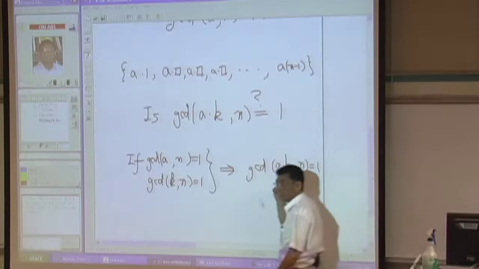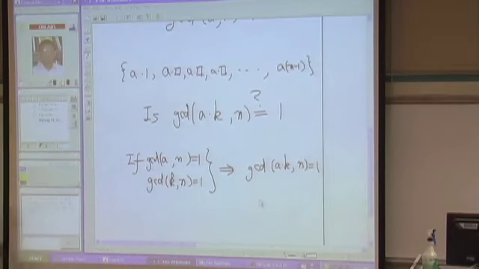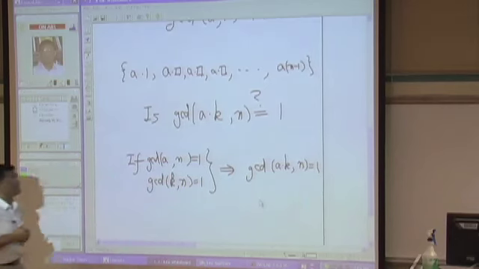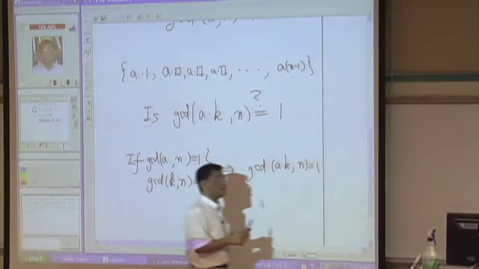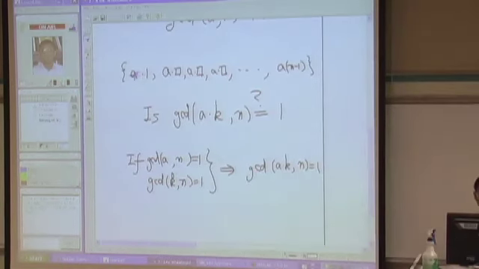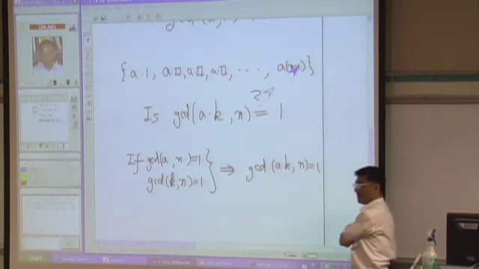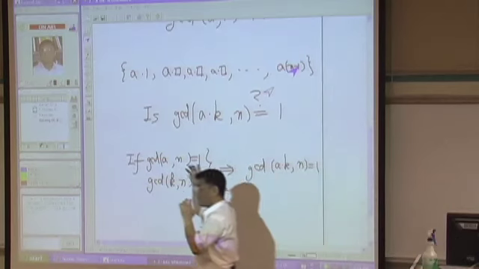So I completely proved this last time, in both directions. But we don't need the other direction here. Just one direction is enough. In other words, all these numbers are relatively prime to n.